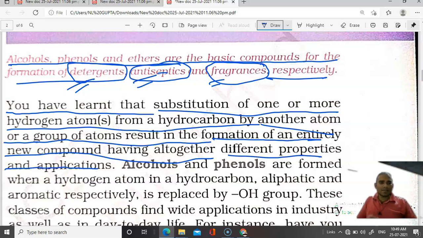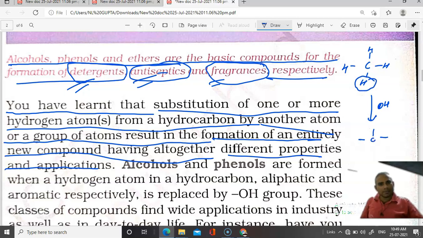Suppose we have a hydrocarbon, and we substitute a hydrogen. Then we get entirely different compounds. Suppose you substitute it with OH, then this hydrogen is removed and OH is added here.